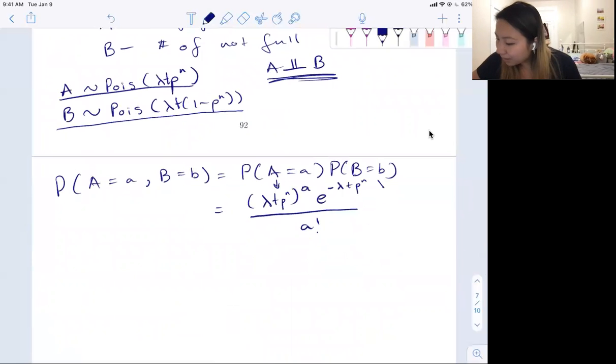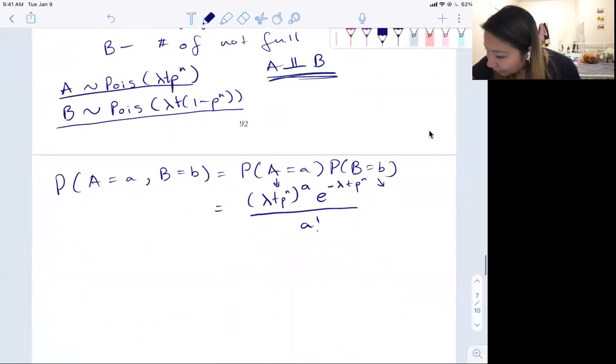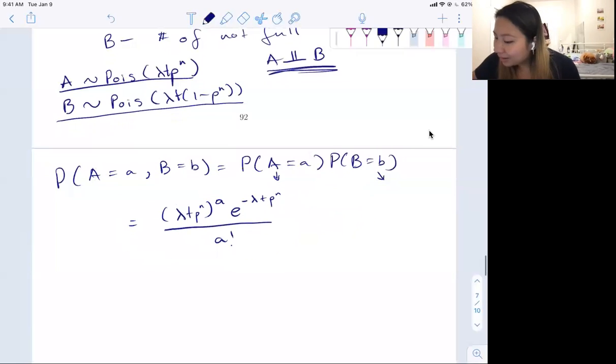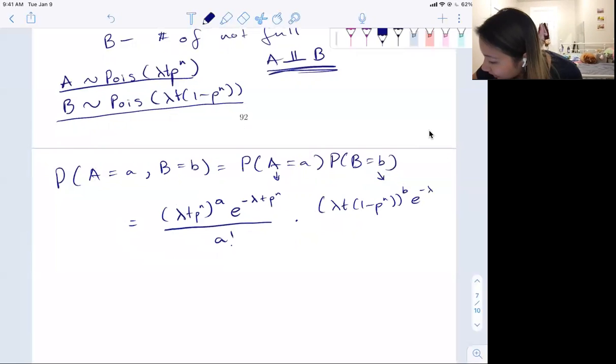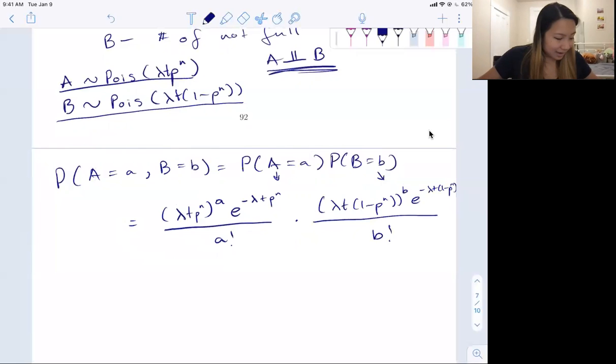And then for this part, it's very similar. Same thing, you just plug in lambda t times 1 minus p to the n, to the b, and then e to the negative lambda t times 1 minus p to the n, over b factorial. And that should be the final form of it. Let me check everything.